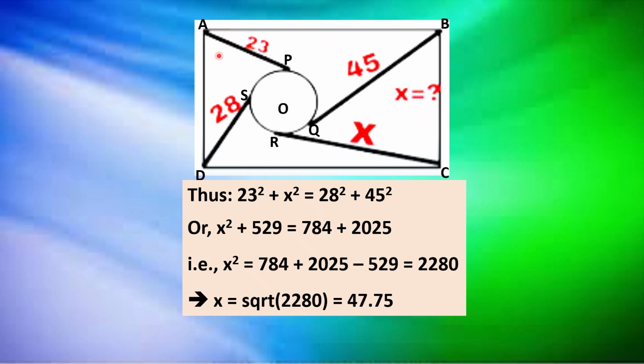So we have to remember, even for tangents, AP square plus CR square is equal to DS square plus BQ square. And if you directly join the vertices to the center, then also you will get AO square plus CO square is equal to BO square plus DO square.